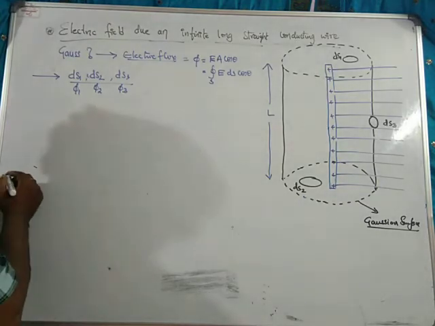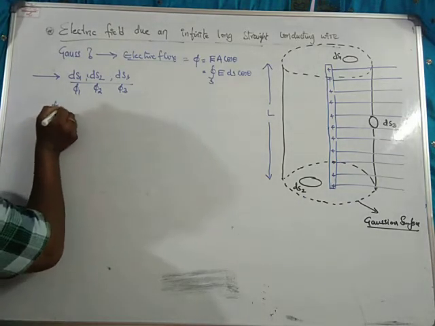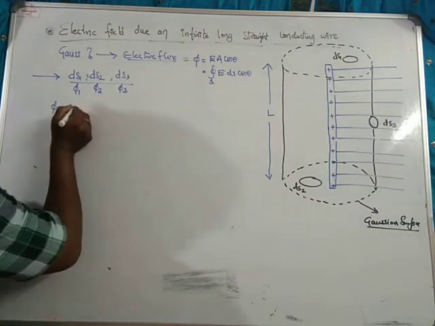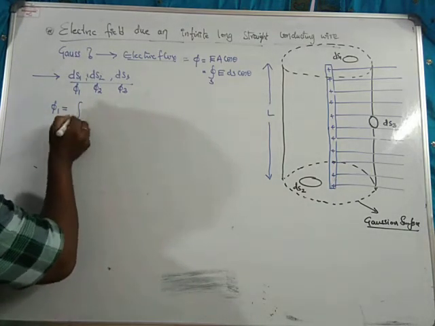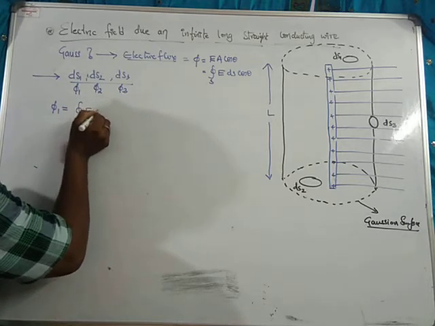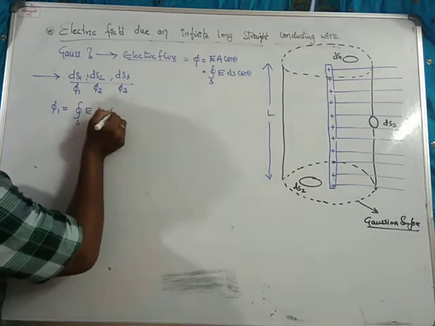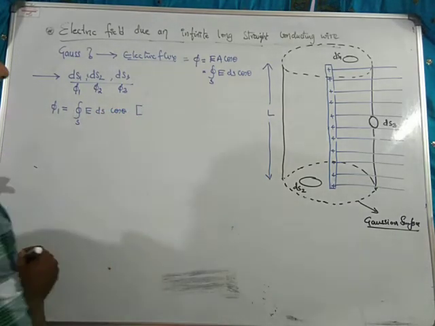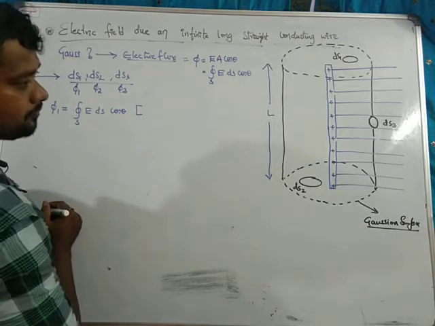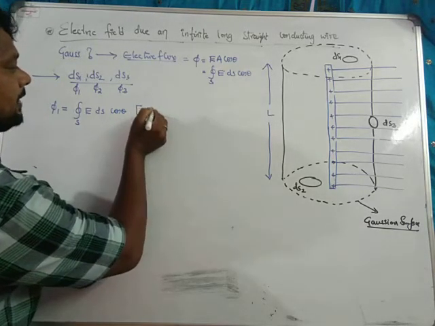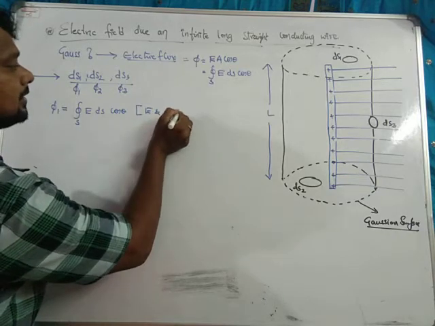So what will be flux 1? Flux 1 is the surface integral of E ds cos theta. What will be the angle between the field lines and ds?